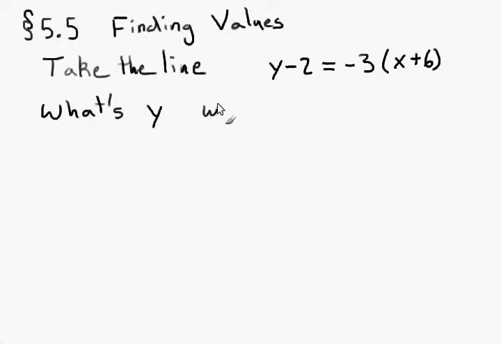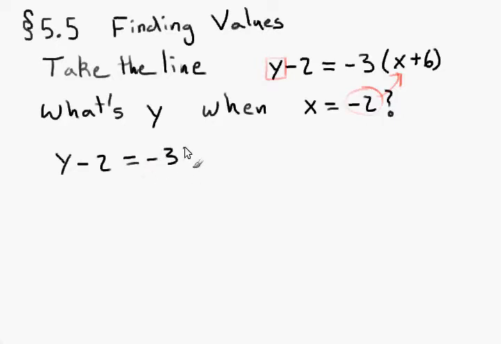Okay, and we want to know that with this line, what's y when x is equal to negative 2? To do that, we're going to take this value for x, plug it in, and then solve for y. So we'll have y minus 2 is equal to negative 3 times the specific value of x, negative 2, and then plus 6.